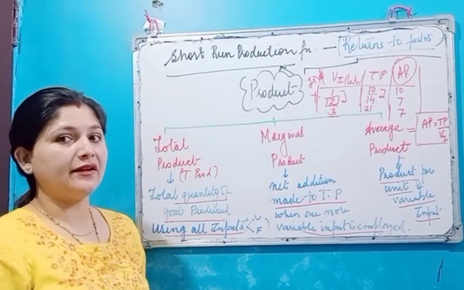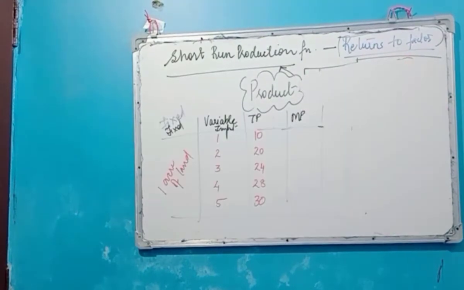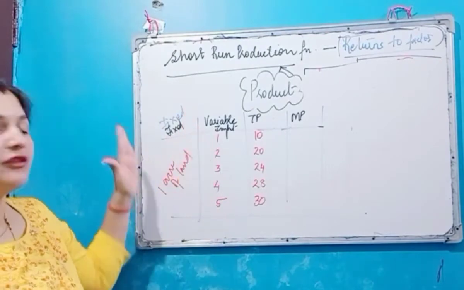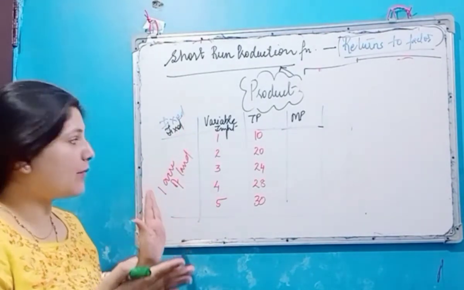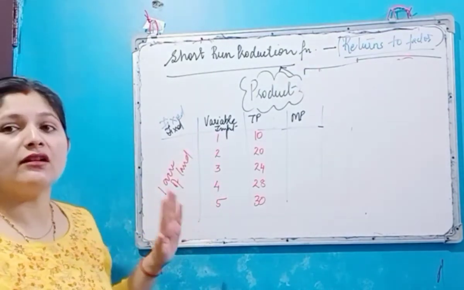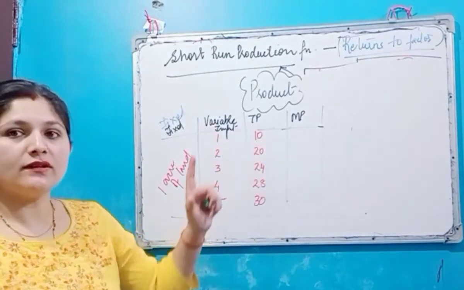We'll take a schedule and understand this. Okay, here is the schedule. Here the fixed input is 1 acre of land. Suppose this production cycle is of a farmer. He uses land as his fixed input, and variable inputs are labors. When one labor was working, the total production was 10.